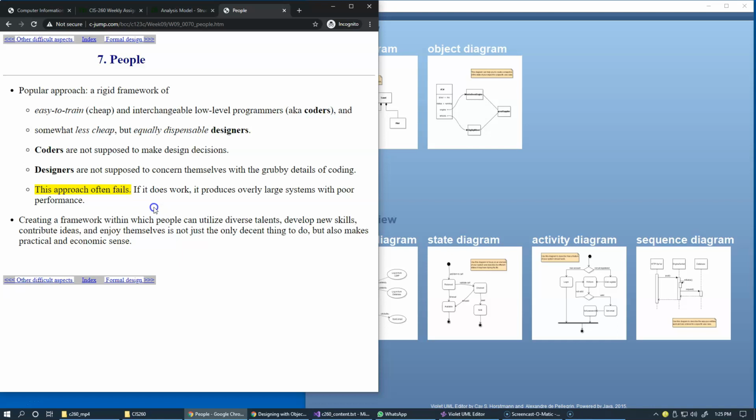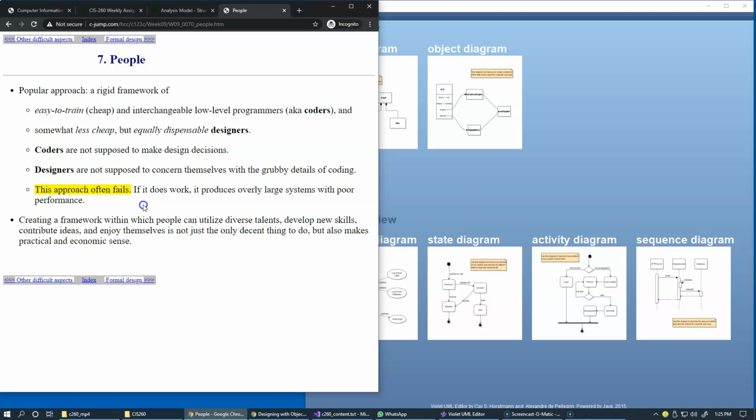Even if somehow it works, it usually produces badly designed large systems with really poor performance, because it is completely unnatural for human nature to be expelled from design decisions or not be involved in the actual concrete work, whatever the level of the team members.